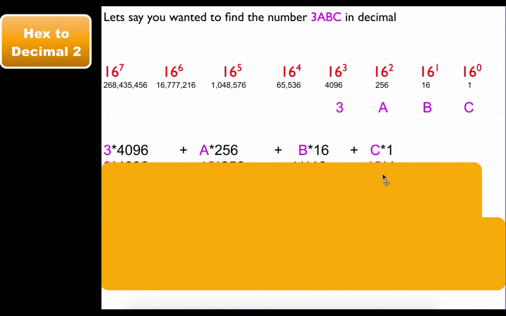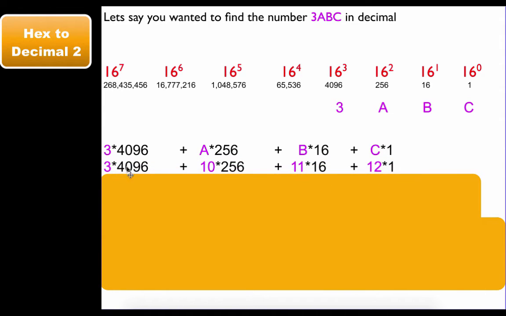That's the same as saying 3 times 4096. A is 10, so 10 times 256. B is the same as 11, 11 times 16. C is the same as 12, 12 times 1.